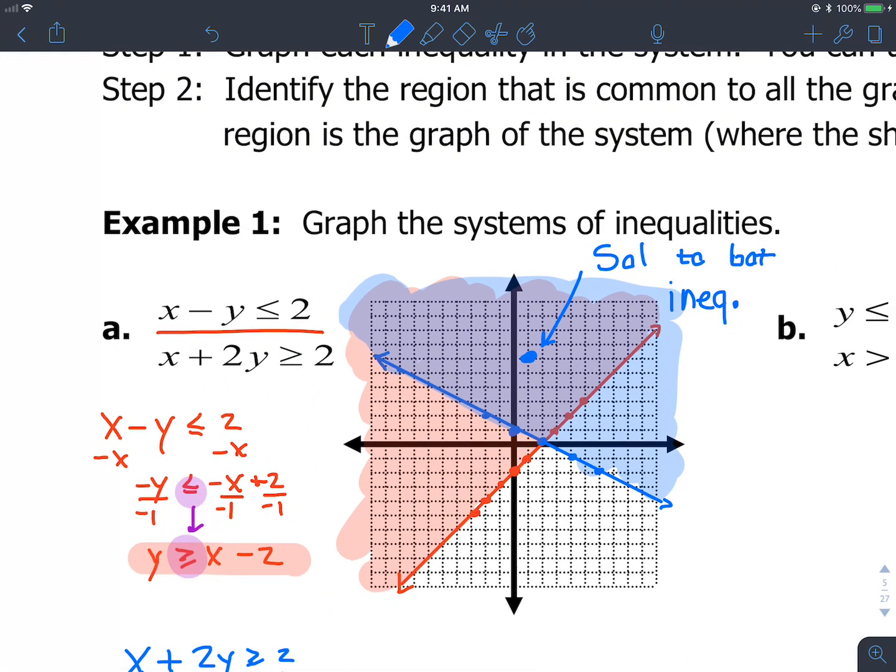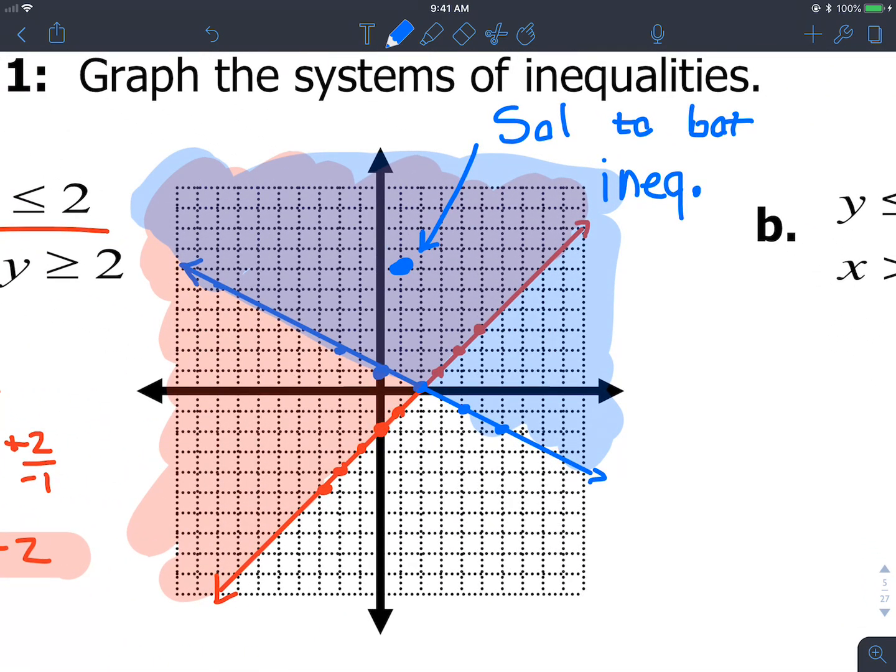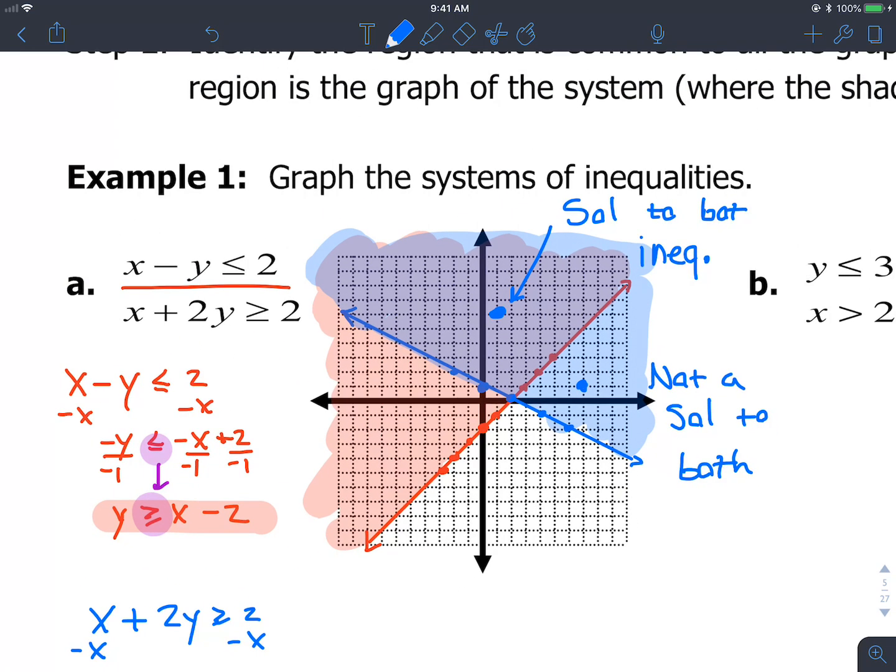Something that's not in the shaded region is not a solution to both at the same time, and something over here is definitely not a solution.